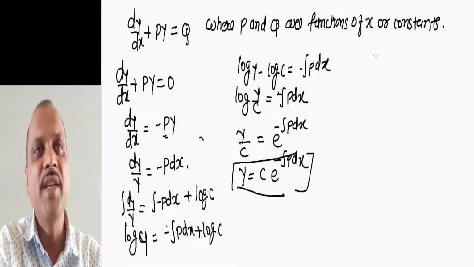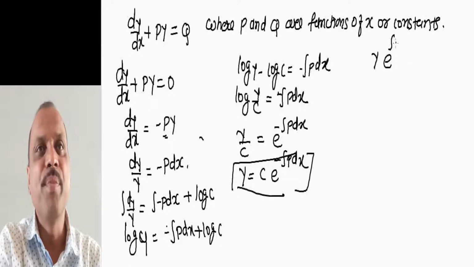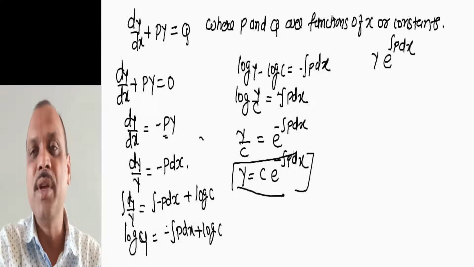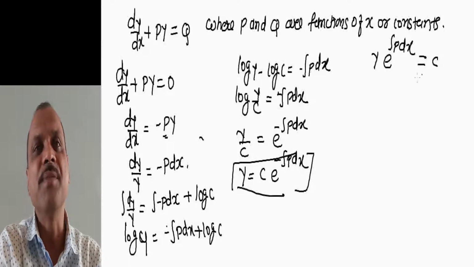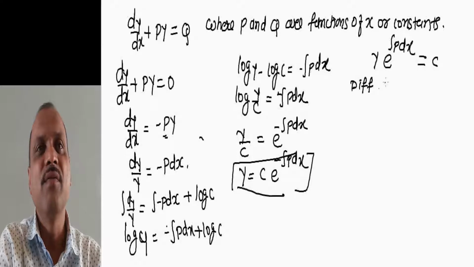Or we write it as y into e raised to integration of p into dx, by taking this e raised to minus integration of p into dx to this side, equal to c. Now let us differentiate this with respect to x. What do we get? This is the first function, this is the second function.